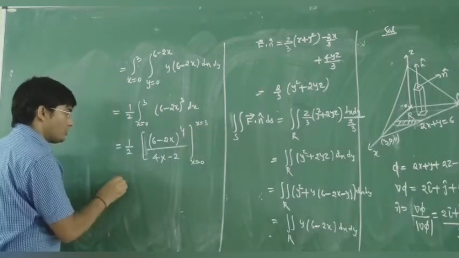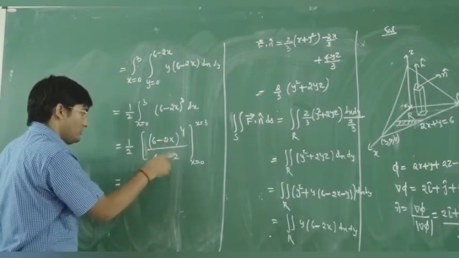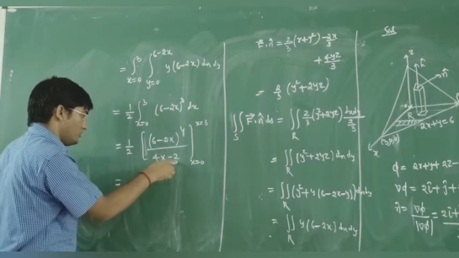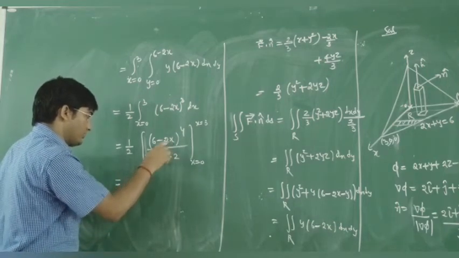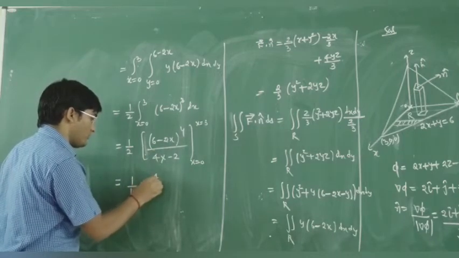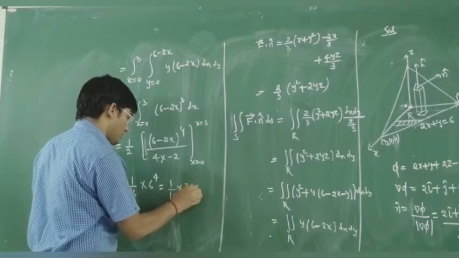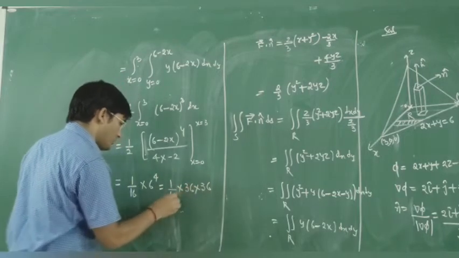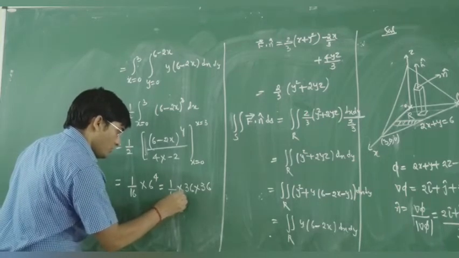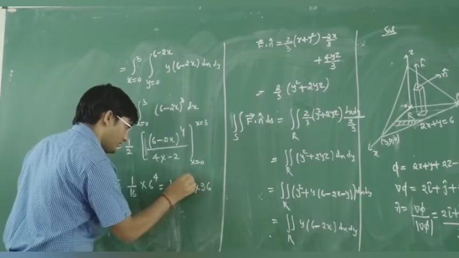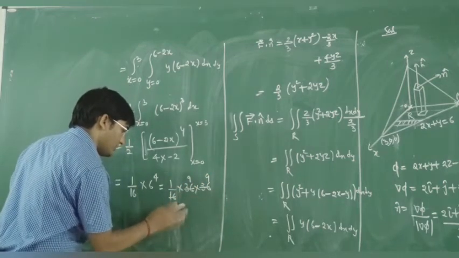If we put x equal to 3, the upper limit is 0. For the lower limit, x equal to 0, we get 1 upon 16 times 6 power 4, which is 36 into 36. Now you can cancel: 4 nines are 36, and again this will be 9. So this value is equal to 81.